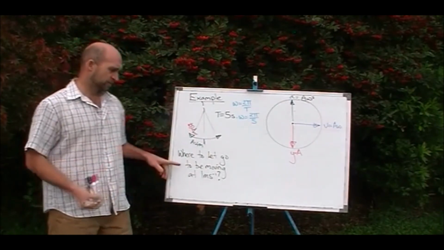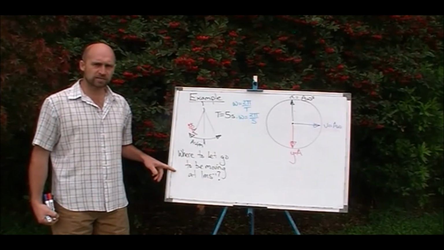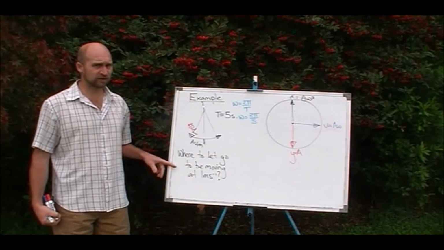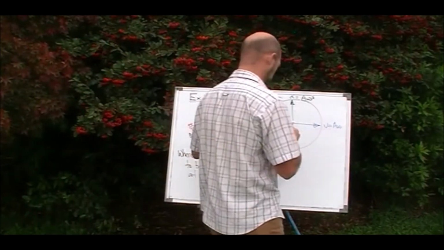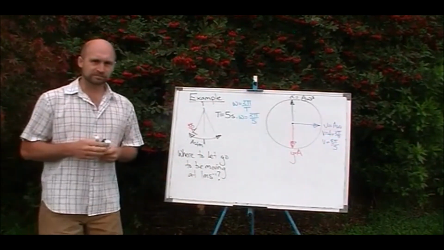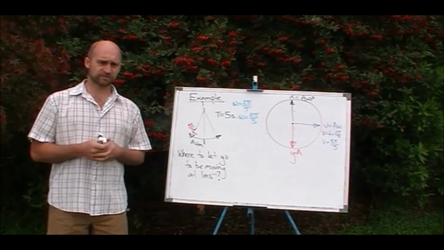We want to know where to let go to be moving at exactly 1 meter per second. So we're going to start by working out the length of that velocity vector. So hopefully we got 8 pi over 5.